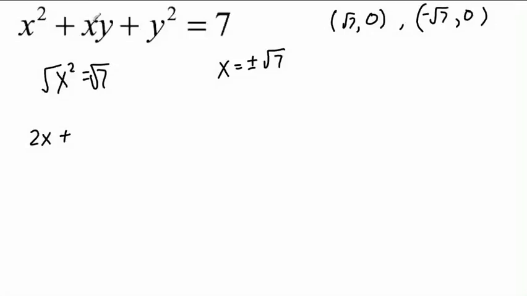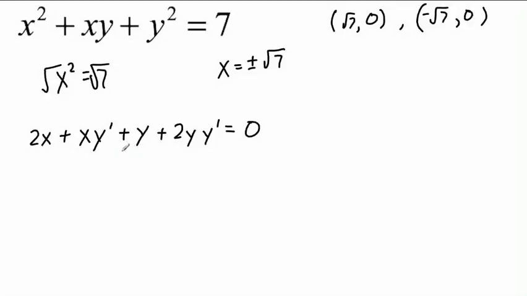So this is going to be x times the derivative of y, and the derivative of y is just y prime. Then plus y times the derivative of x. The derivative of x is 1, so it's just going to be y. Plus the derivative of y squared, which is going to be 2y y prime. And remember, we do this because of the chain rule, because y is not just x, it is a function of x, so we have to take the derivative of y. And then equals 0, because the derivative of 7 is 0.